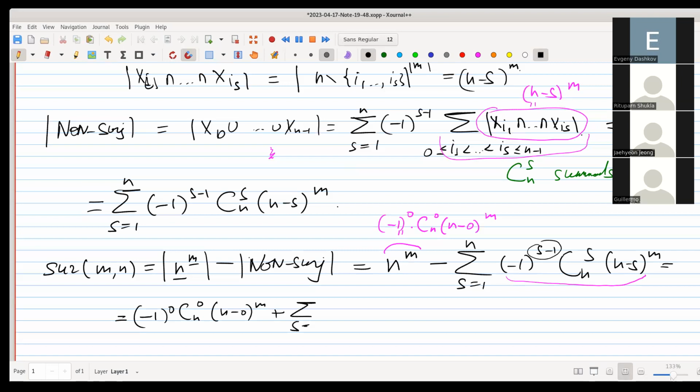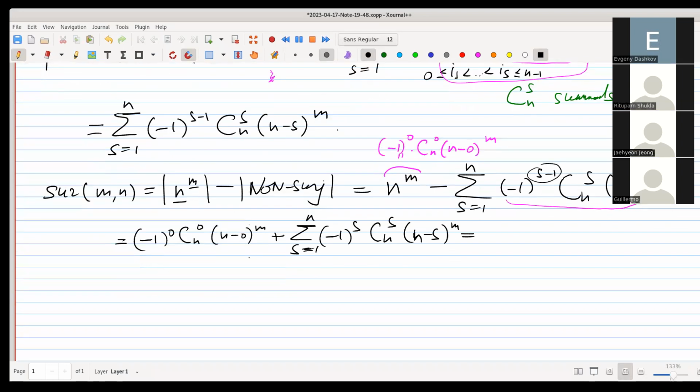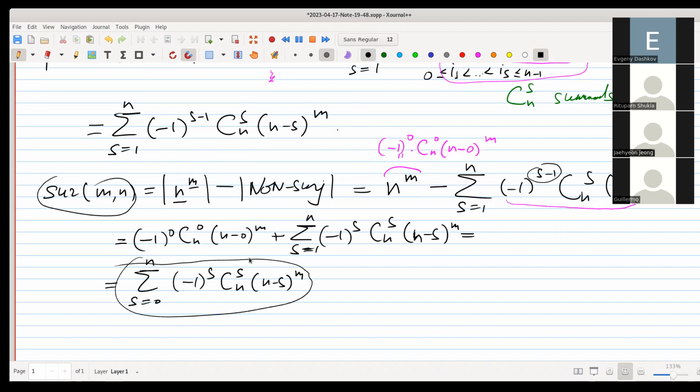So we have a sum from 1 to n, minus 1 to the power s. And finally, it is just such a sum where s ranges from 0 to n, and we have minus 1 to the power s, n choose s, n minus s to the power m. This is the number of surjections.